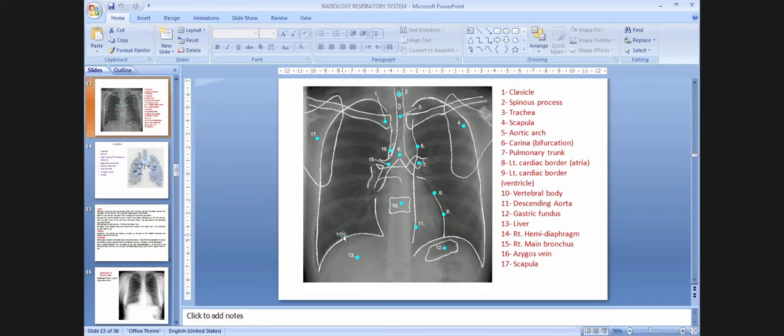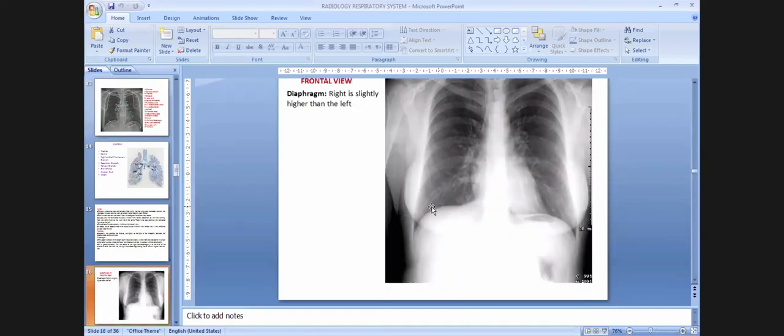I may put an arrow in this area and ask you which structure this is: the right hemidiaphragm or left hemidiaphragm, right costophrenic angle, left costophrenic angle, trachea, for example, the left main bronchus and the right main bronchus, right lung, left lung. Okay, perfect. Thank you very much, doctor.